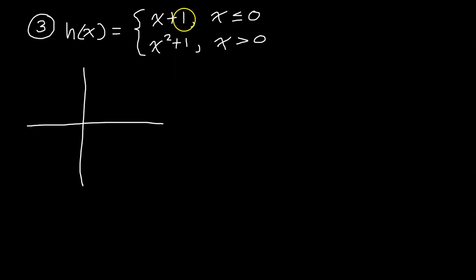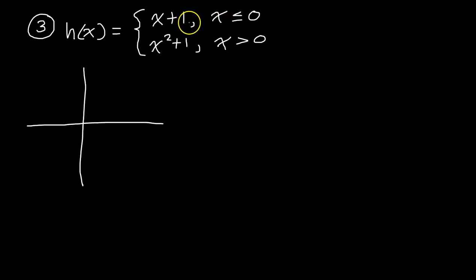So the first part of the piecewise function basically tells us what the graph will look like to the left of the y-axis. So let's think about, first of all, what's happening right at 0, because it will actually be this first piece of the function when x equals 0. So this is a good place to start.